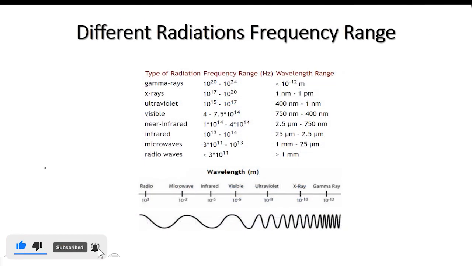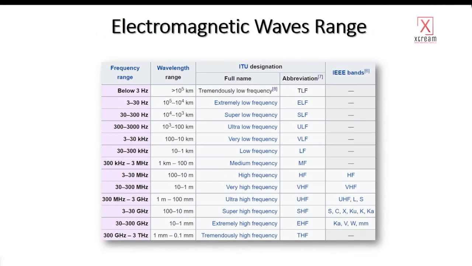This is from 300 gigahertz to 3 terahertz, and you can see the ITU designation. Here is the ITU designation, International Telecommunication Union. This is the frequency range for 30 to 300 hertz.